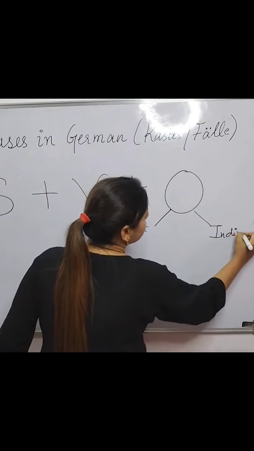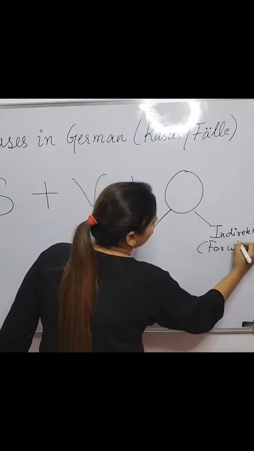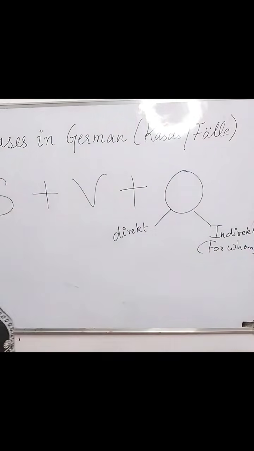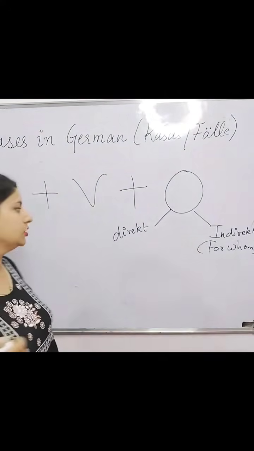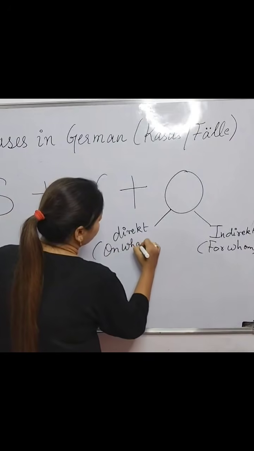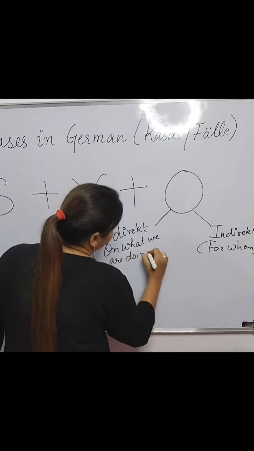So indirect is for whom. So we can learn like this: indirect is for whom we are doing the action, and direct is on what we are doing the action.